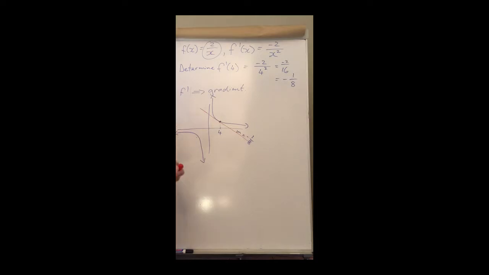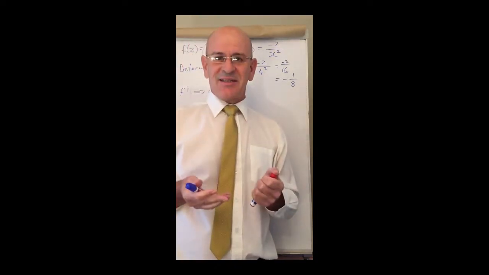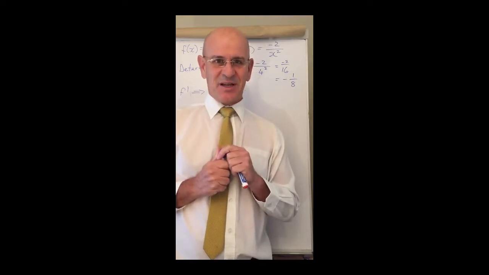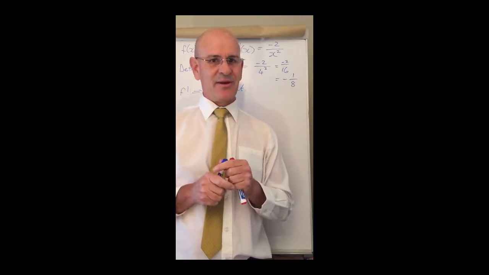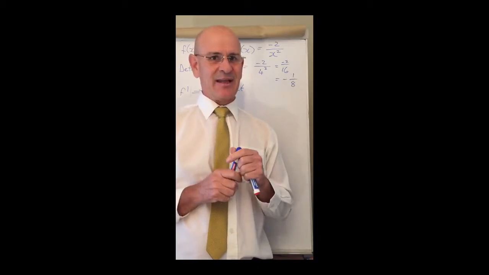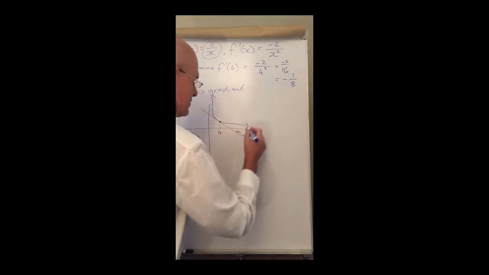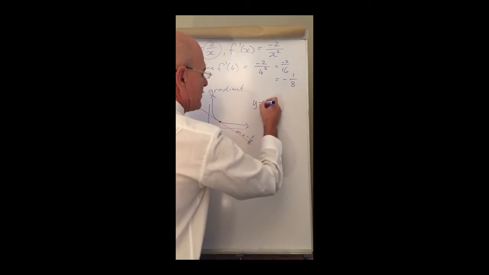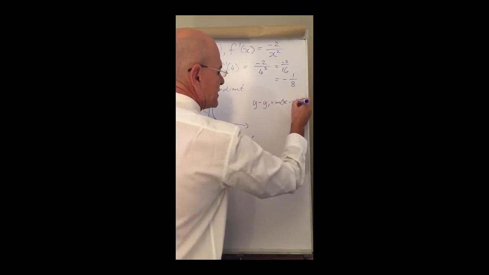Now, the following question would be: what is the equation of this tangent? That is normally the next question that will be asked. Let's quickly have a look at how we're going to determine that. First of all, y minus y1 is equal to m(x minus x1).